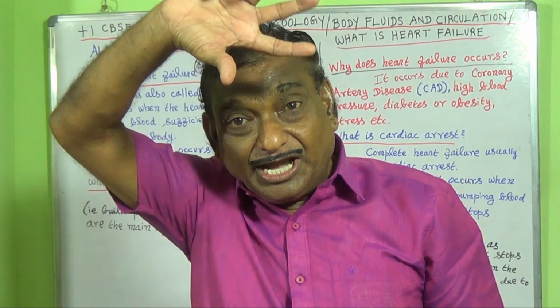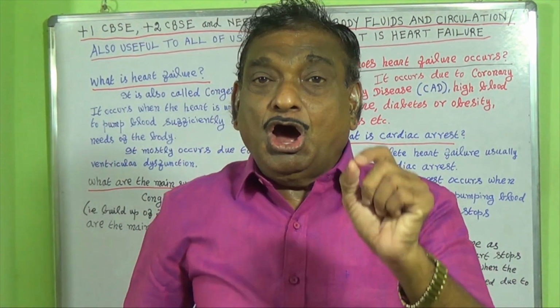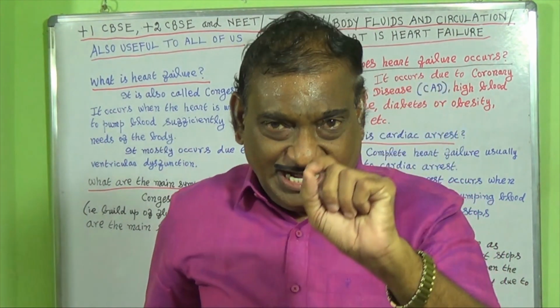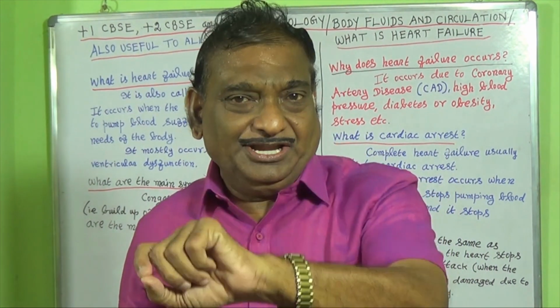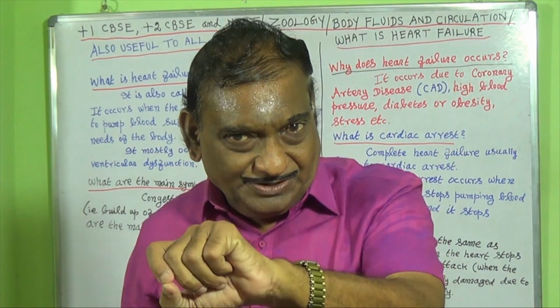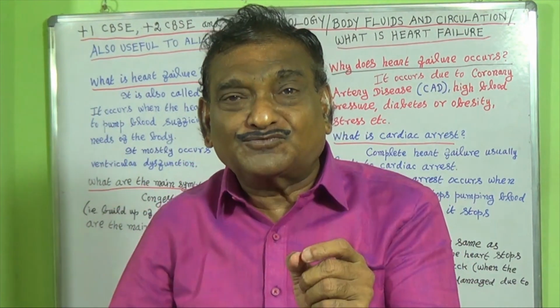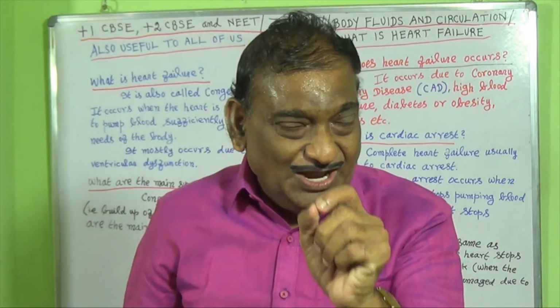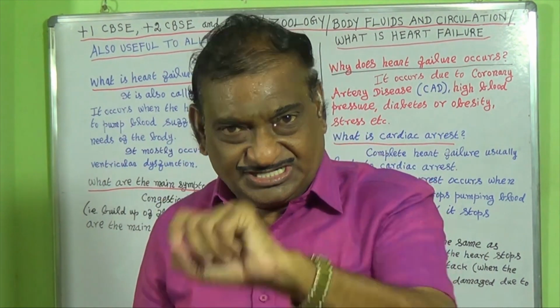Then after getting purification, means after getting oxygen, the blood becomes oxygenated blood, that is pure blood. This pure blood comes to the left atrium, that is the left auricle, through the pulmonary veins.